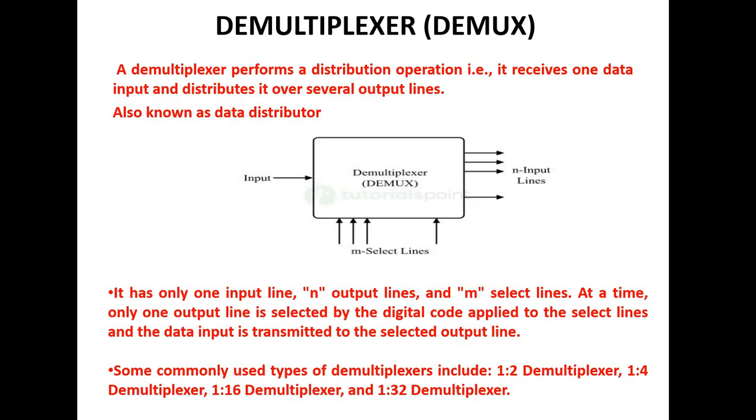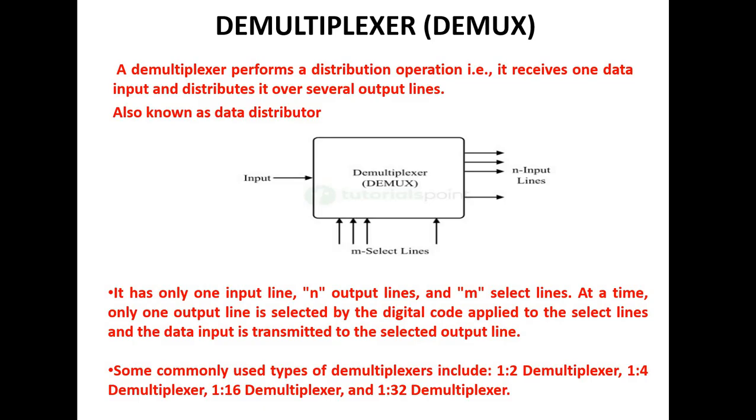So the block diagram consists of one input line, m output lines and m select lines. At a time, only one output line is selected by the digital code applied to the select lines and the data input is transmitted to the selected output line.